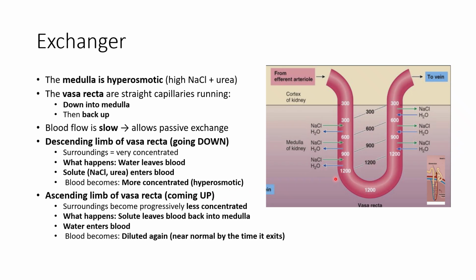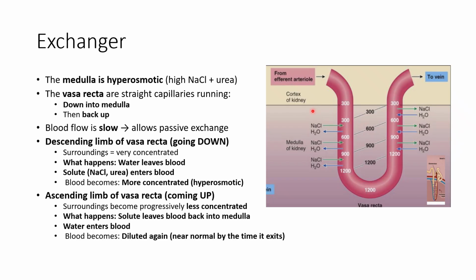This is how it happens, stuff goes from high gradient to low gradient. But when it enters the ascending limb of the vasa recta, the reverse starts to happen. As the blood is going up, the osmolarity is decreasing. So now the reverse will happen. Water will start coming in and the blood vessels will start to lose sodium.